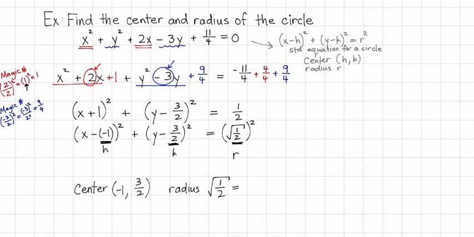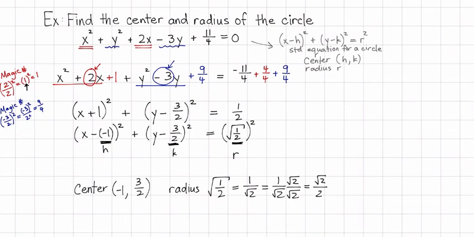Some people might rewrite that as 1 over root 2. Some teachers might rationalize that, which is not really that important, but they'll take this 1 over root 2 and multiply the top and the bottom by root 2 so that we get root 2 over, and then square root of 2 times square root of 2 gives me 2. So any of those three numbers I think are okay if you leave those as your answer.